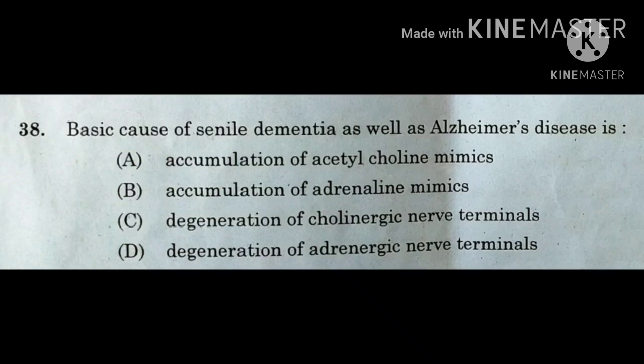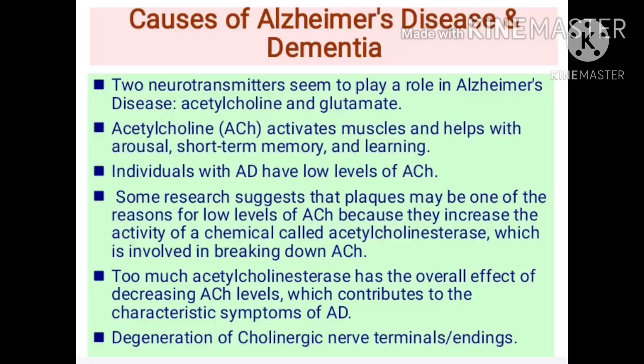Okay, next question: the basic cause of senile dementia as well as Alzheimer's disease is option A, accumulation of acetylcholine mimics; B, accumulation of adrenaline mimics; C, degeneration of cholinergic nerve terminals; and the last option is degeneration of adrenergic nerve terminals.